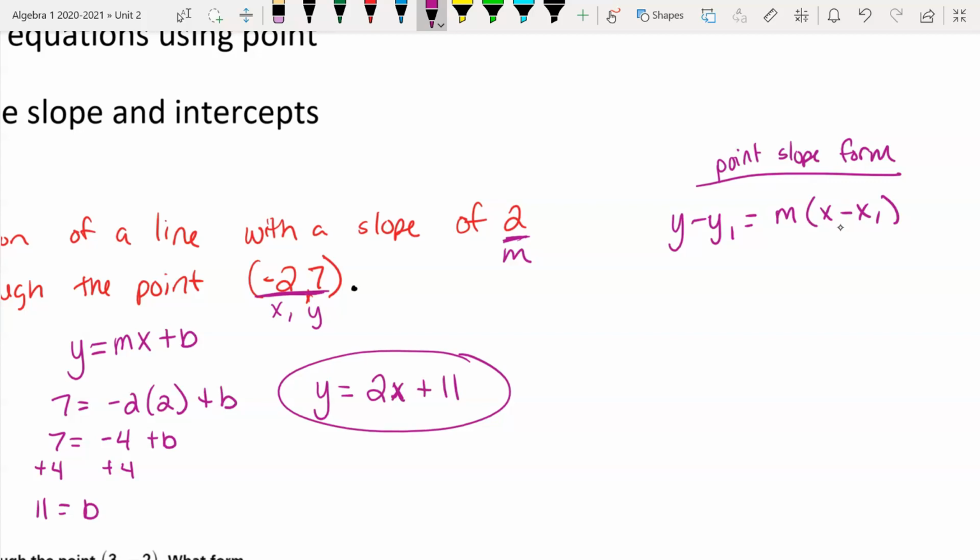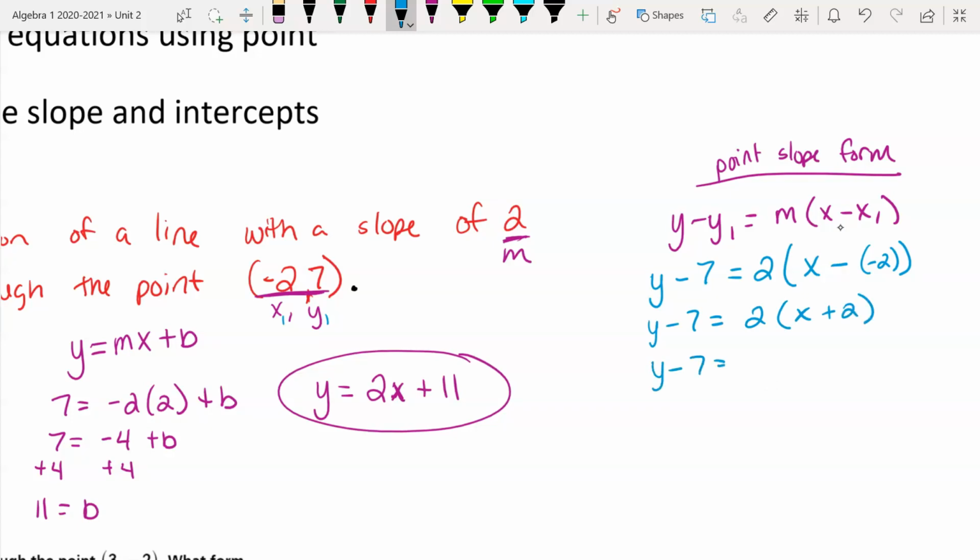If I was going to rewrite this equation using the point slope they gave me, I would say this is my y1, this is my x1. So I'm going to plug in 7 for y1. You leave the first y blank. Plug in your slope of 2. And then my x1 is that point's x-coordinate that we used earlier. So I'm going to rewrite this so I can say negative negative turns into a positive.